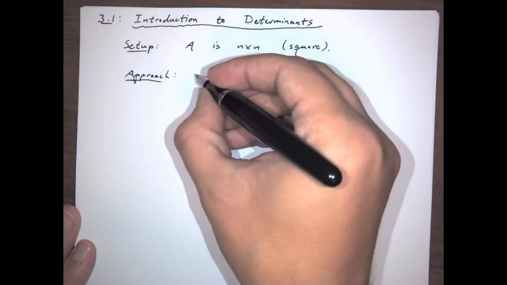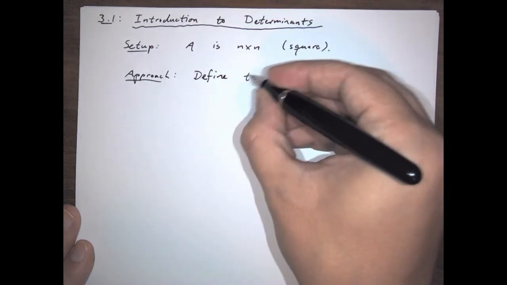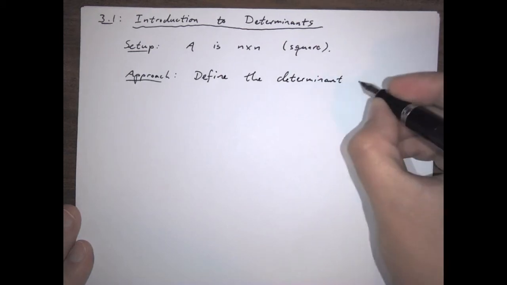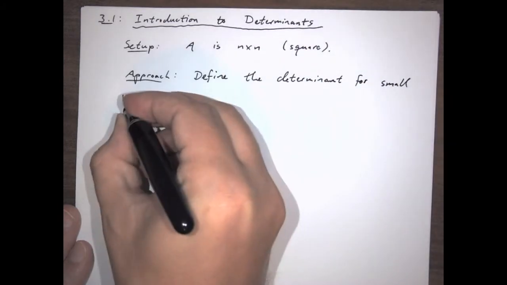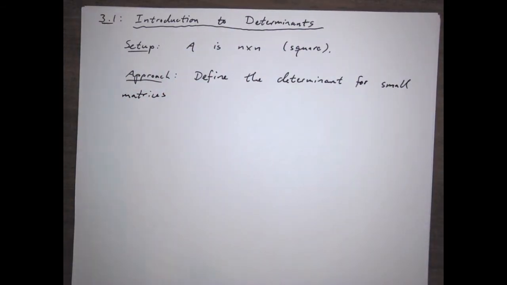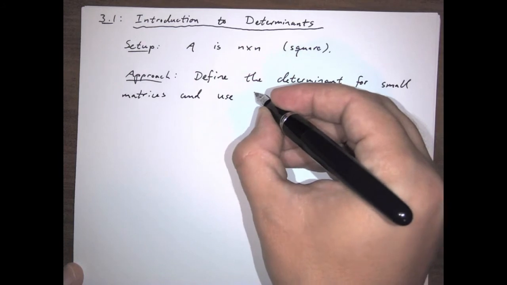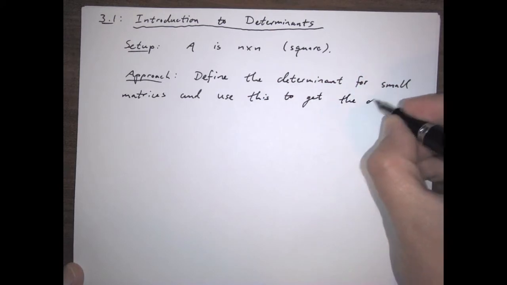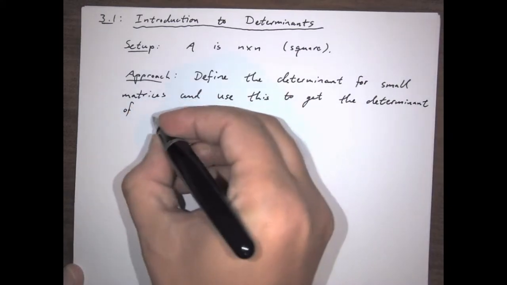So the approach is going to be to define the determinant for small matrices, and use this to get the determinant of larger matrices.